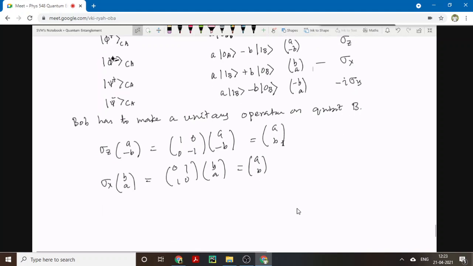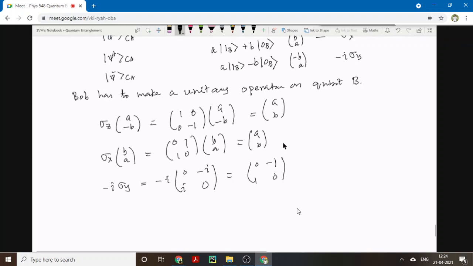Now let's look at minus I times sigma y. Minus I times sigma y is minus I times 0 minus I, I 0. So that is 0 minus 1 1 0.